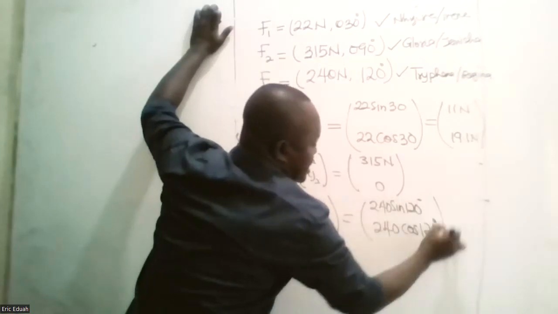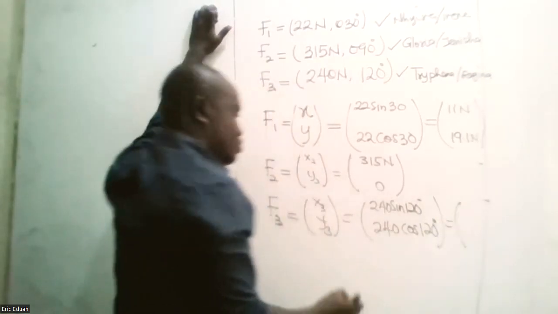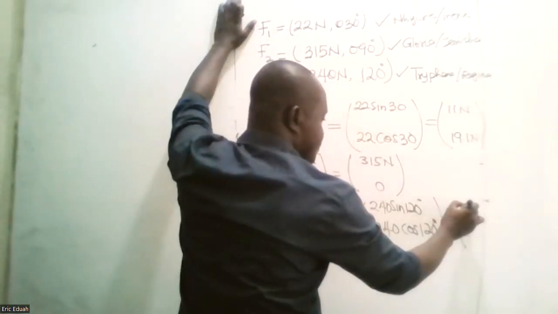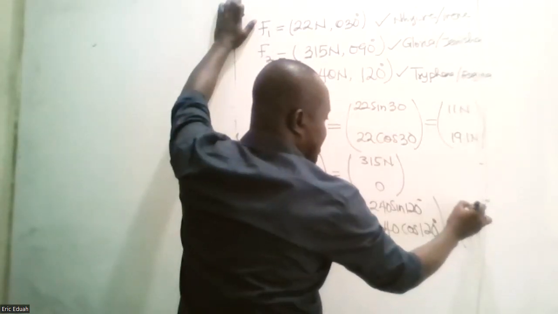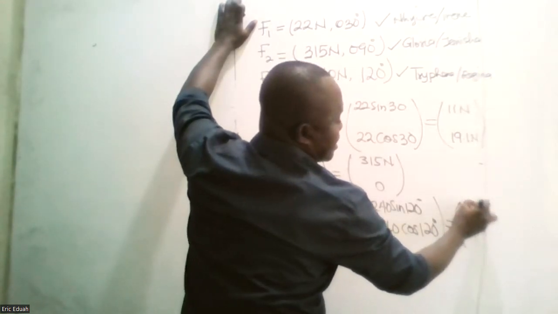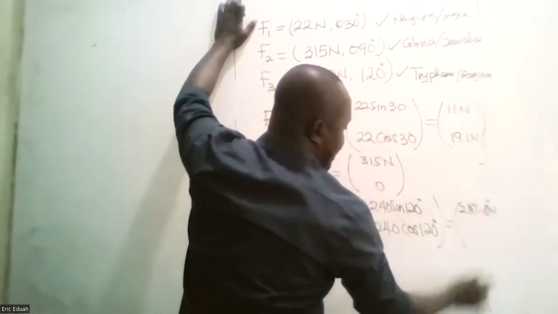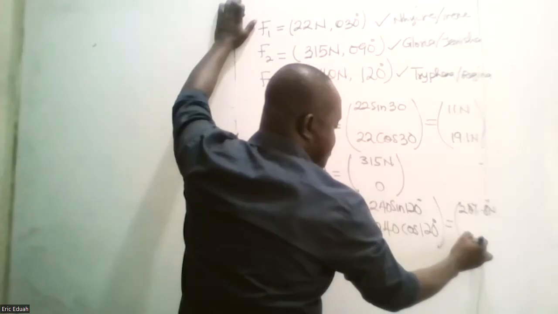So this is equal to 207.8 Newtons for the X, and then the Y, I got negative 120.